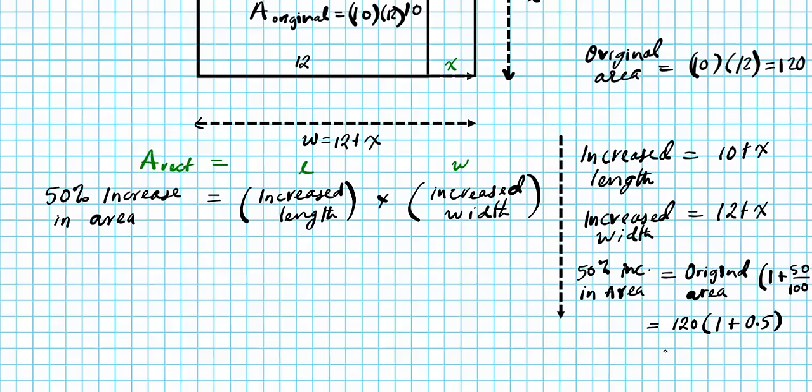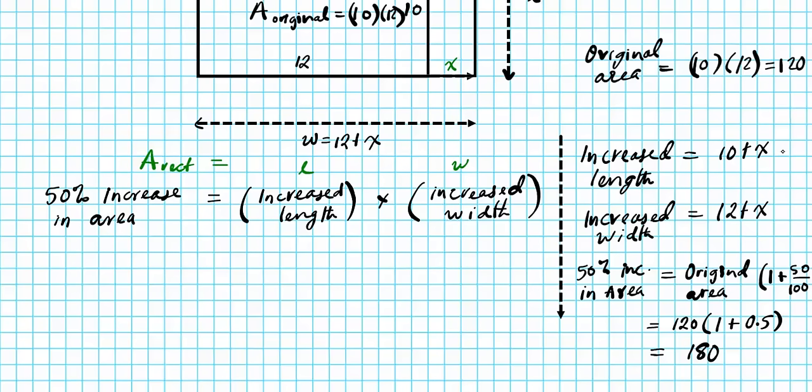And when you plug this into your calculator, you will end up with 180. Or you can even do this mentally. If you think about 120, what is 50% of 120? 50% of 120 is 60. If you add 60 to 120, what do you get? 180.